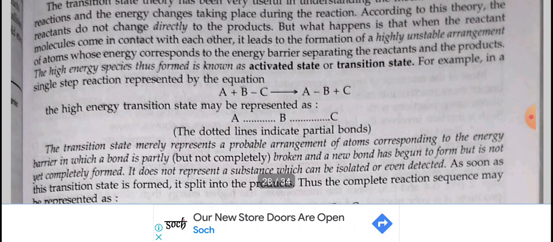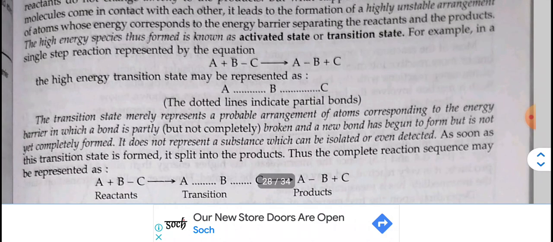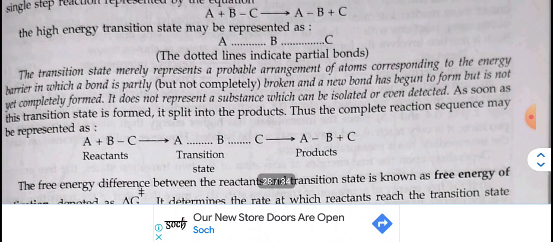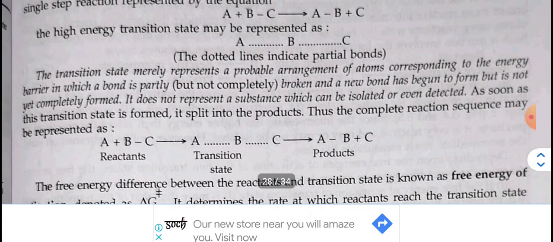For example, in a single step reaction represented by the equation A plus BC gives AB plus C, the transition state merely represents a probable arrangement of atoms corresponding to the energy barrier, in which a bond is partially but not completely broken and a new bond has begun to form but is not completely formed.